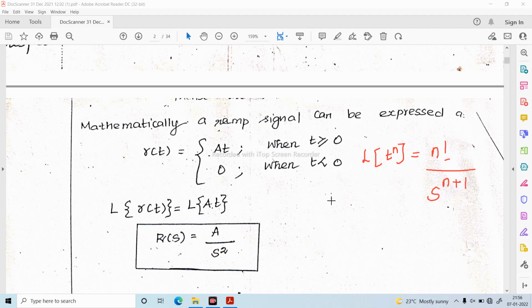Here the value t is given, and a is a constant, so it is a into L of t. So that is equal to a into n factorial, meaning t power 1, so 1 factorial divided by s power 1 plus 1. What is the answer? A divided by s square. So this is the Laplace transformation of at.